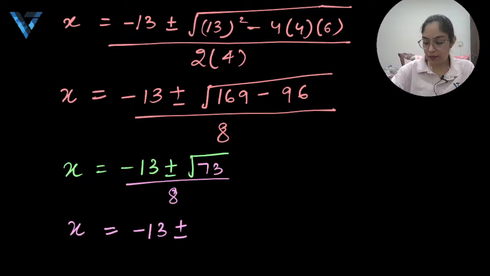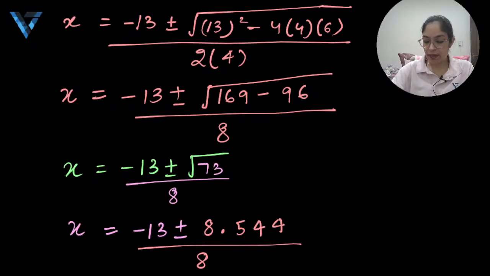I think up to 3 decimal places all values are there. 8.544. Is it correct now? Have you double checked? 8.544.